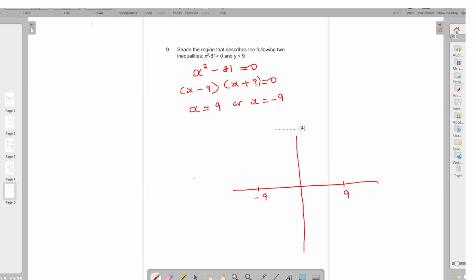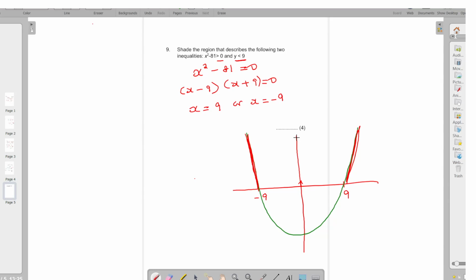So that graph is going to go like this. And the inequality that satisfies, because it's a greater than 0, we know this is this part up the top, so that is what satisfies that inequality. Then we have another one, which is y is less than 9.